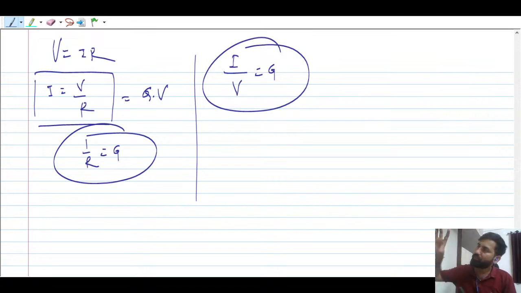Transconductance means the current is from output and your denominator is going to be from input, right? तो अगर मान लो output and input are going to give you the kind of conductance, if you take the ratio of output current upon input voltage, that will be transconductance, right? But in this case here, I upon V, we don't know whether these are input current or output current. You can say these currents are specified in a single terminal.